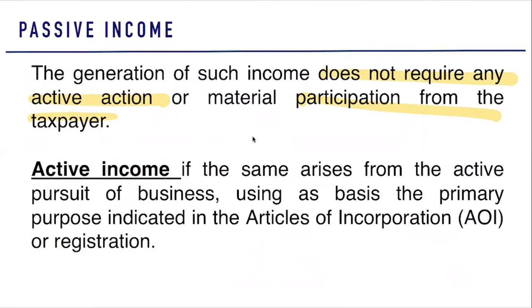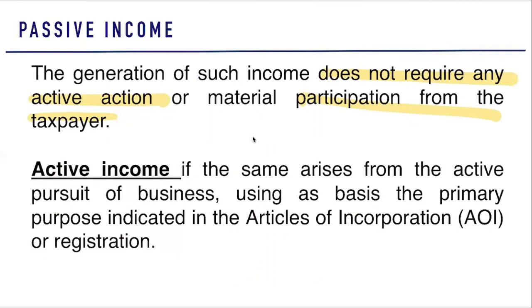For example, you earn interest over the passage of time. What makes your income an income? The passage of time, not your mere participation. Hence, it is known as passive income. There is no exertion of effort coming from the taxpayer, but the taxpayer earned an income. We call that a passive income.